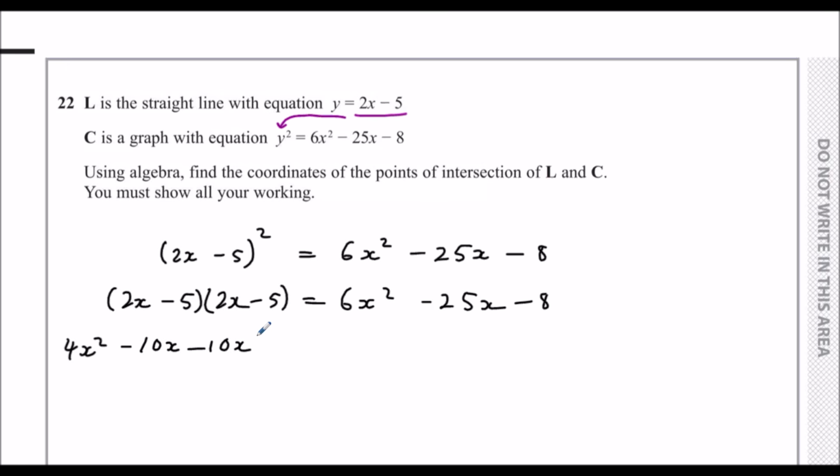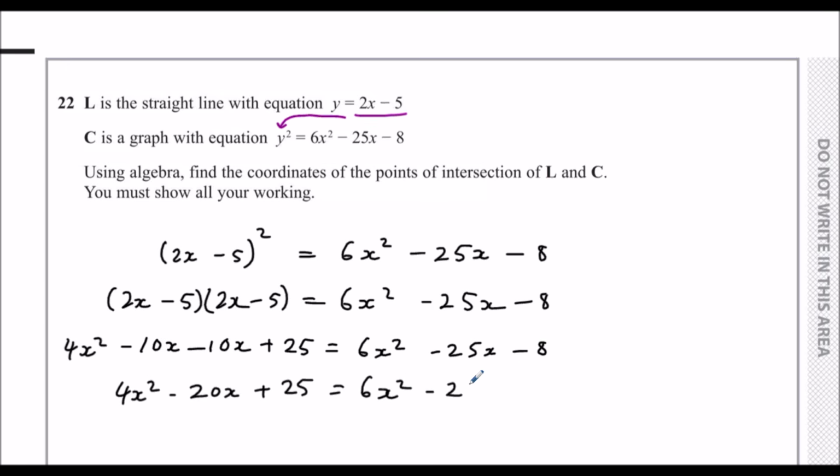And a negative times a negative is positive, 5 5s are 25. I'm going to simplify this. So minus 10x minus another 10x is minus 20x. So 4x squared minus 20x plus 25 equals 6x squared minus 25x minus 8.